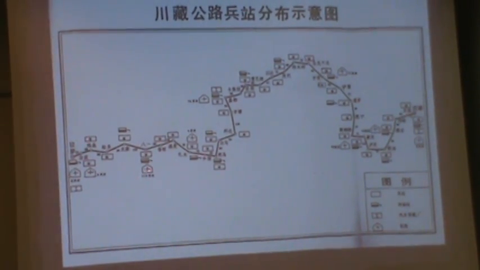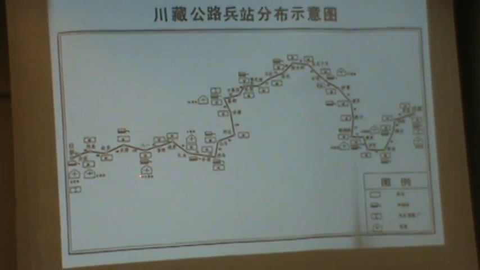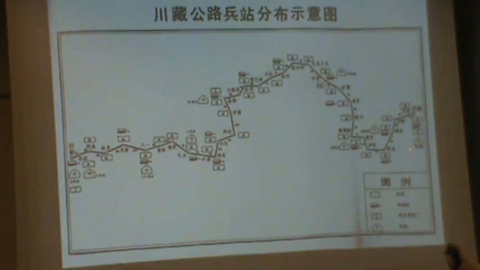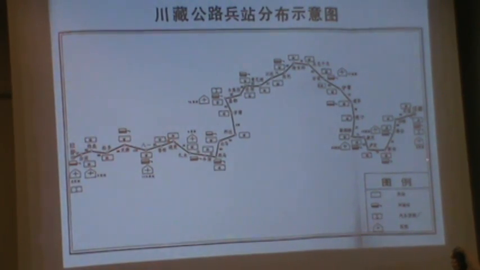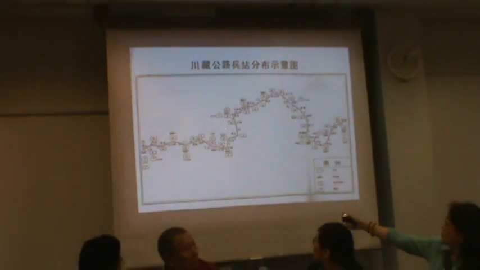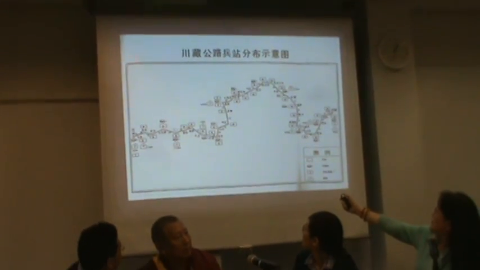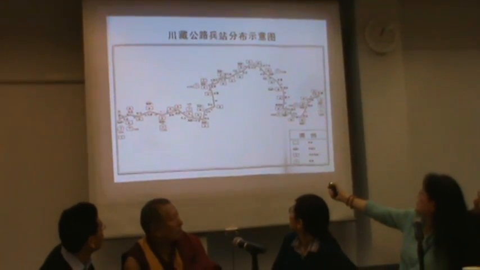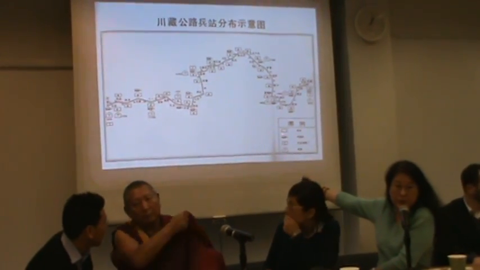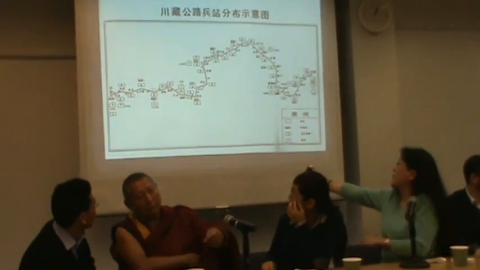All those little squares are army hospitals, military hospitals. And this is the general one here in Lhasa and the general one in Chengdu. You can count 1, 2, 3, 4, 5, 6, 7, 8, 9 military hospitals alone used during the war.